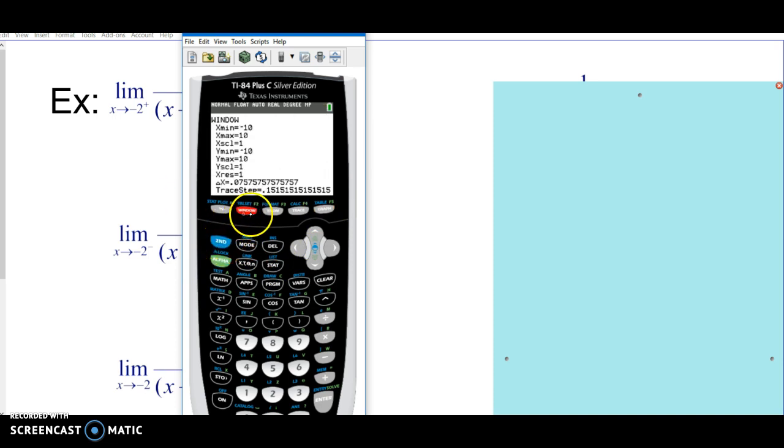Let's fix my table real quick. Doesn't matter. What are we going towards? Negative 2. Negative 2. And let's go up by auto. Okay, so now, same thing here. I probably should have done a smaller change.